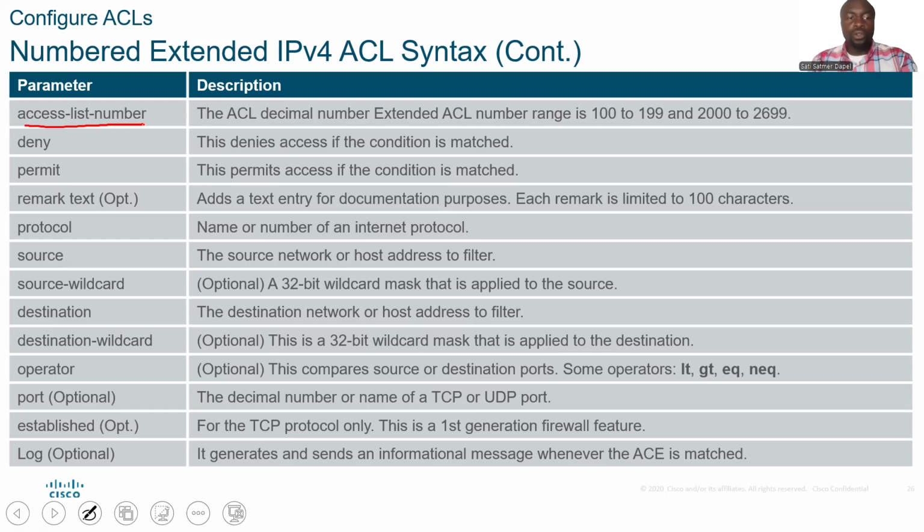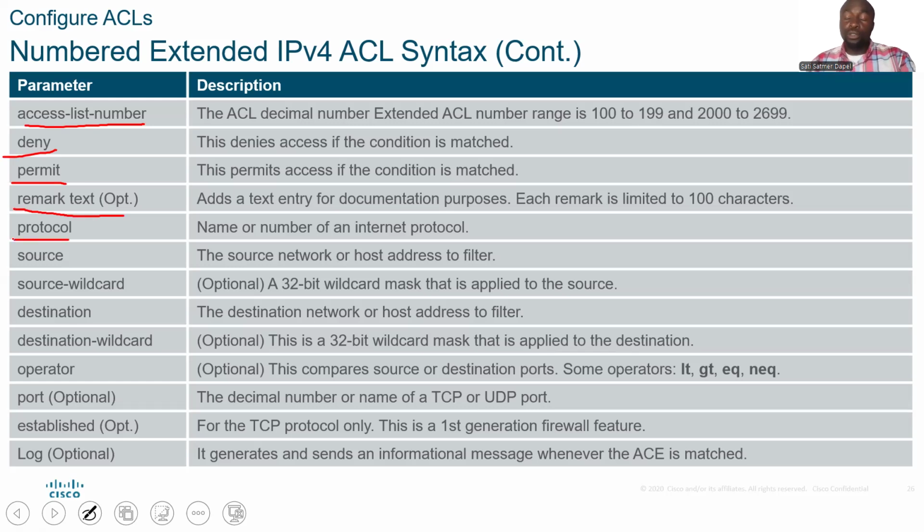Then there's also going to be the deny command. This denies access if the condition is matched. We'll talk about the permit. This permits access if the condition is reached. We'll talk about the remark. Adds a text entry for documentation purposes.